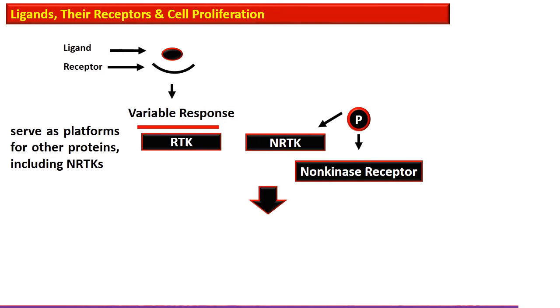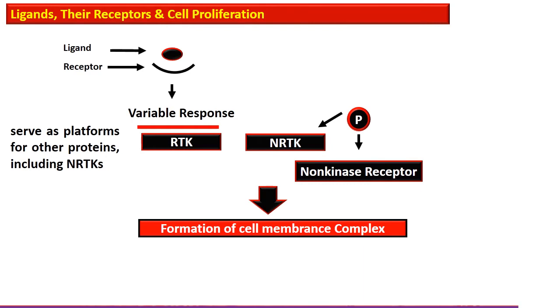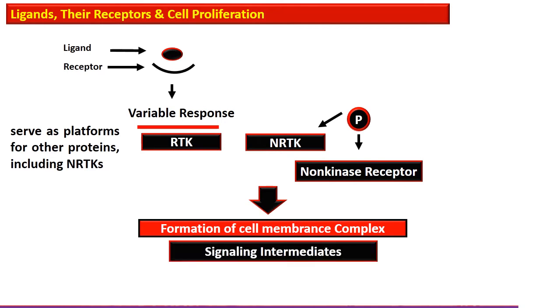This non-receptor tyrosine kinase phosphorylates itself or it can phosphorylate other non-kinase receptors, which will result in the formation of a cell membrane complex, and this complex will activate and engage the signaling intermediates.